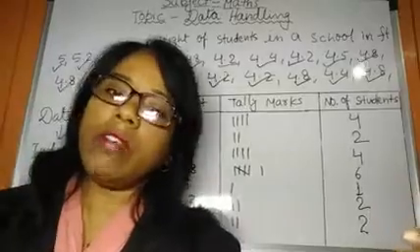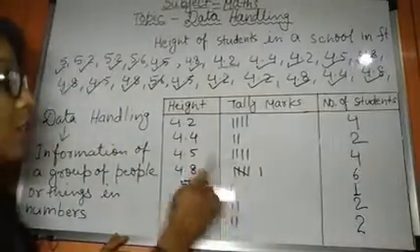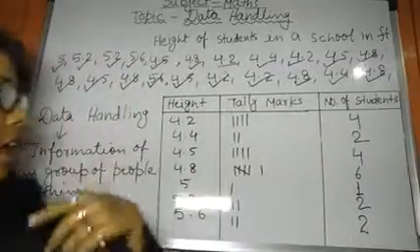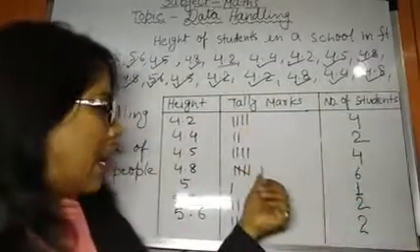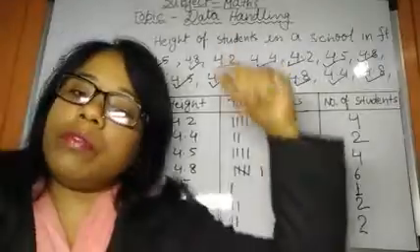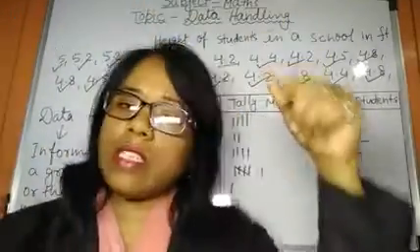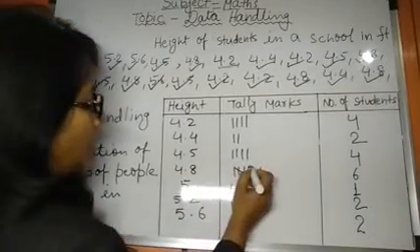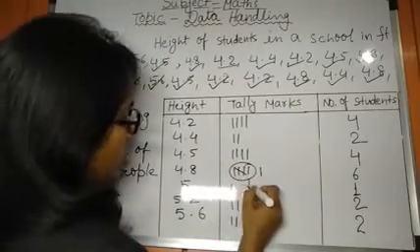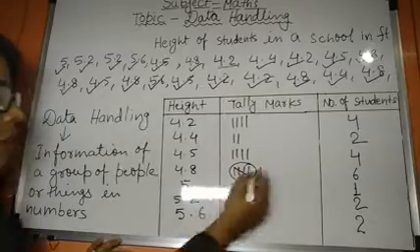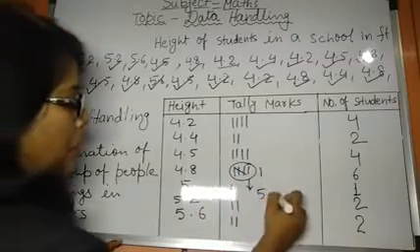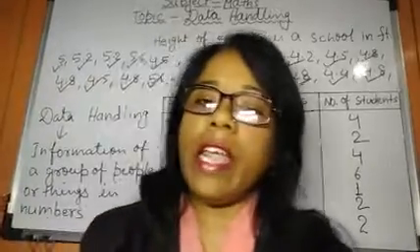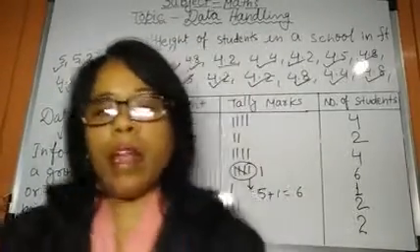When the 5th turn comes, we will use a slanting line, and after that we will start again: 1, 2, 3, 4, then a slanting line. So 1, 2, 3, 4 and one slanting line is called 5, and here 1 is there, so 5 plus 1 is 6. This is data handling arranged in a proper manner.